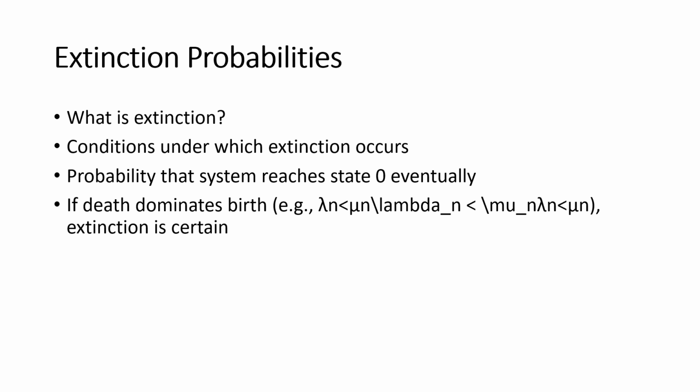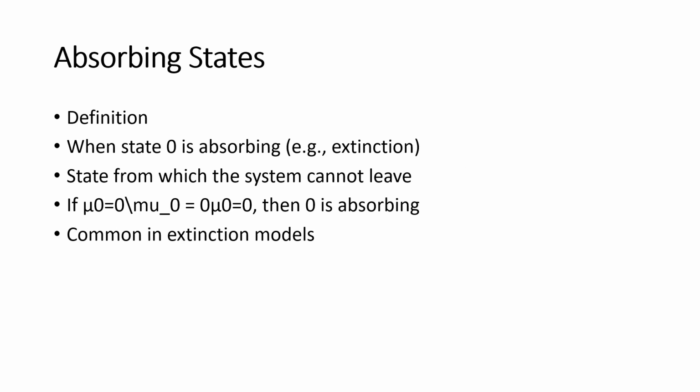The extinction probability. What is extinction? These are the conditions under which extinction occurs: the probability that the system eventually reaches state 0 if death dominates birth, for example, lambda_n less than mu_n. So extinction is certain. State 0 is absorbing, for example extinction is a state from which the system cannot leave.